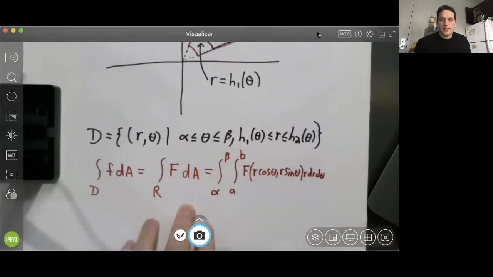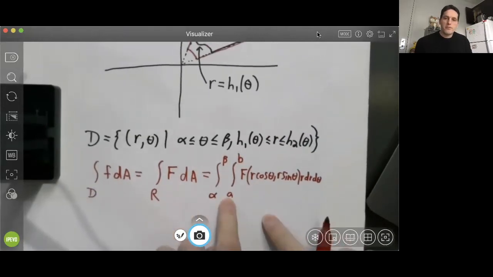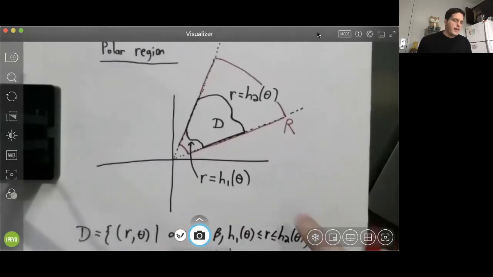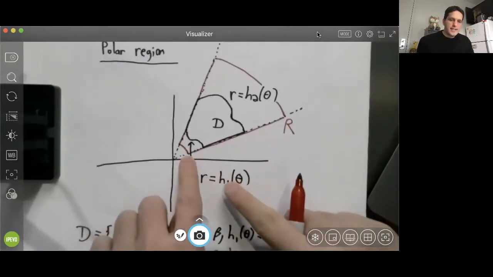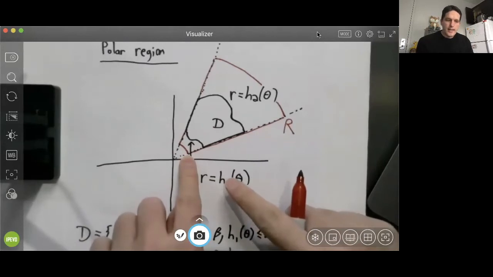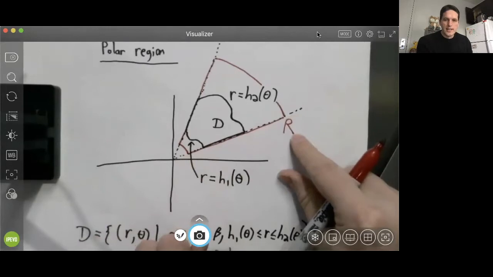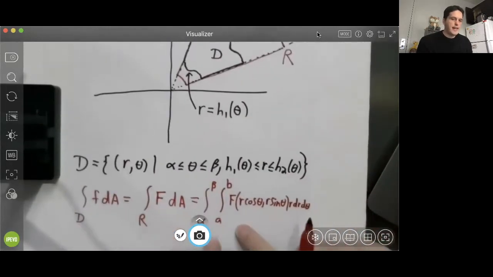That's the formula we developed last time for integrating over a polar rectangle. And what are a and b? Well, a is this inner radius, and b is the outer radius for this polar rectangle R. That's what a and b are here.